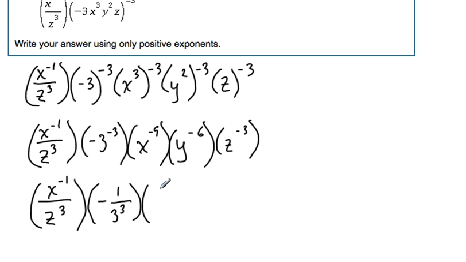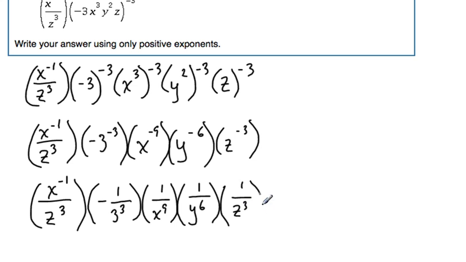X to the negative 9 is going to become 1 over x to the positive 9 power. Y to the negative 6 is going to become 1 over y to the positive 6 power. And z to the negative 3 is going to become 1 over z to the positive 3 power.